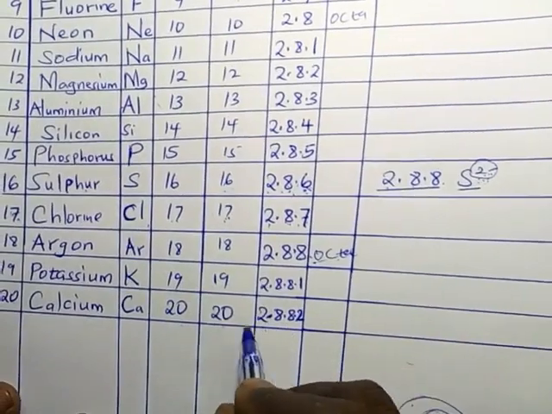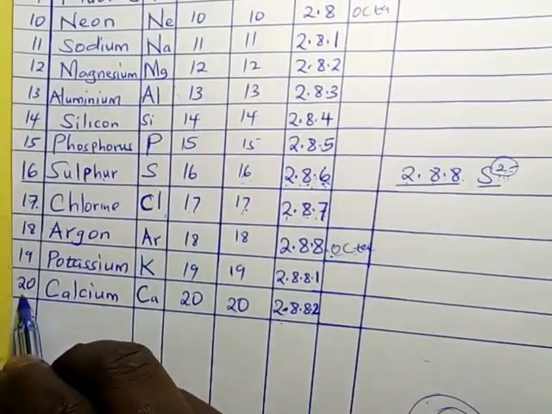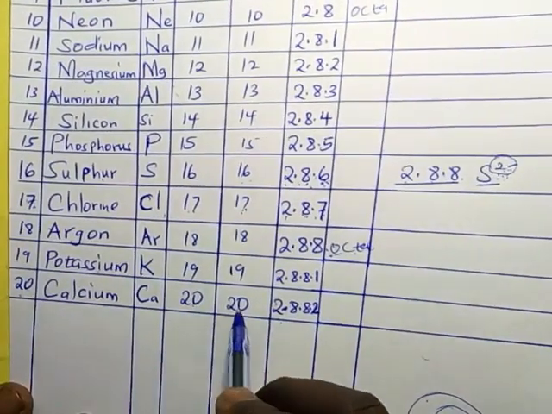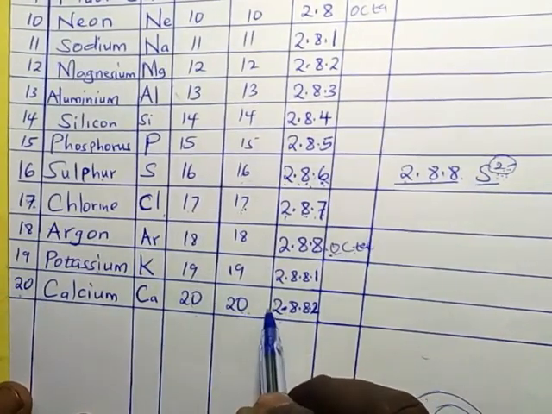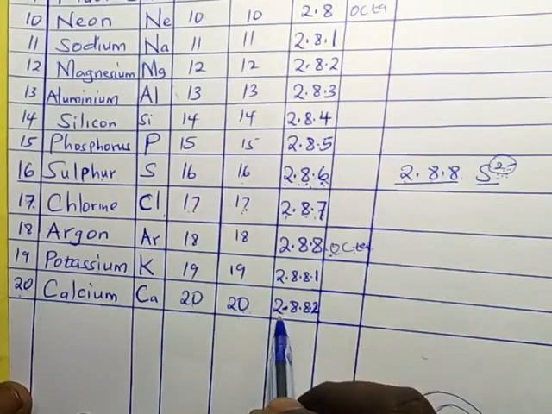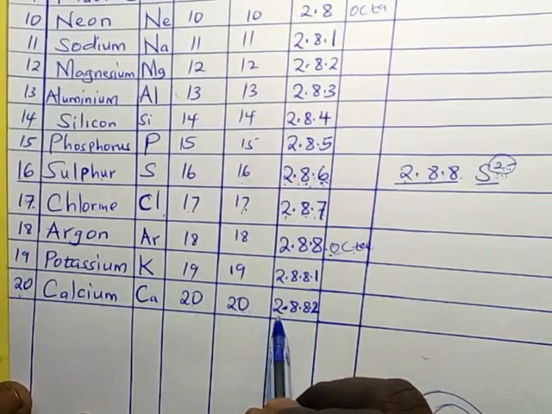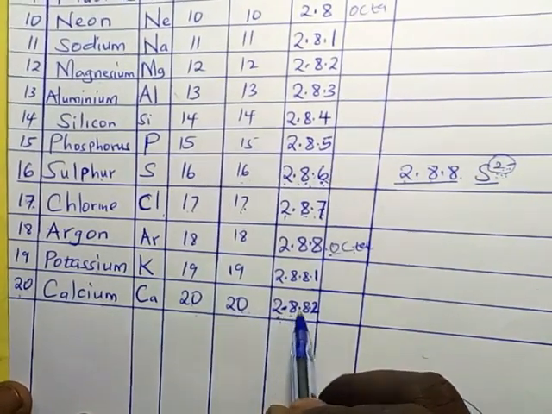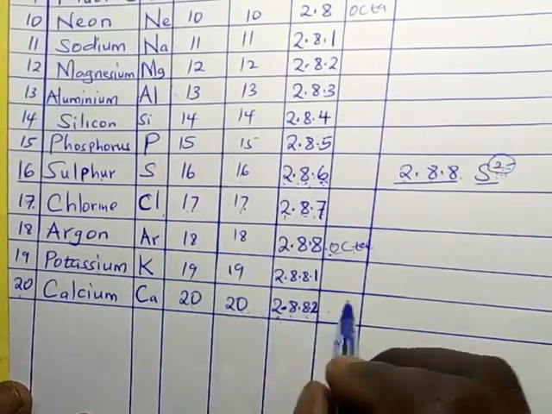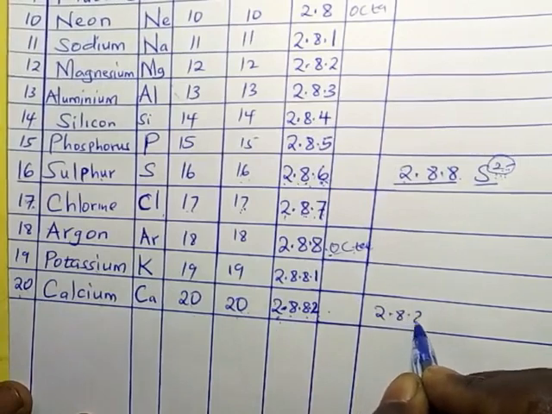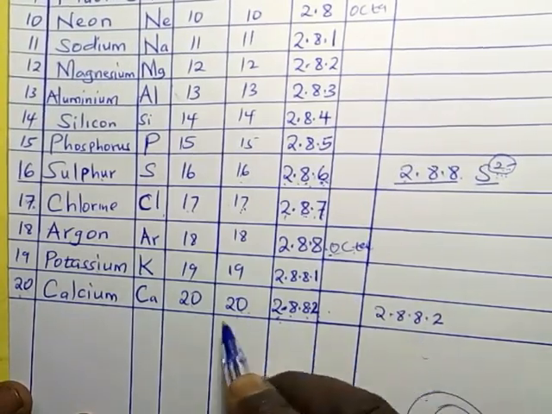Calcium is atomic number 20. It has 20 protons and 20 electrons. When these electrons are written in the energy levels, the first energy level always starts with 2 electrons. So 2, 8, 8, and then 2. This is 20. This is the electron configuration of calcium.